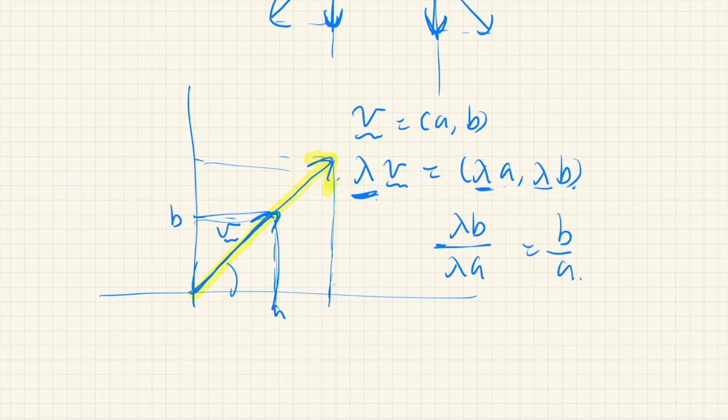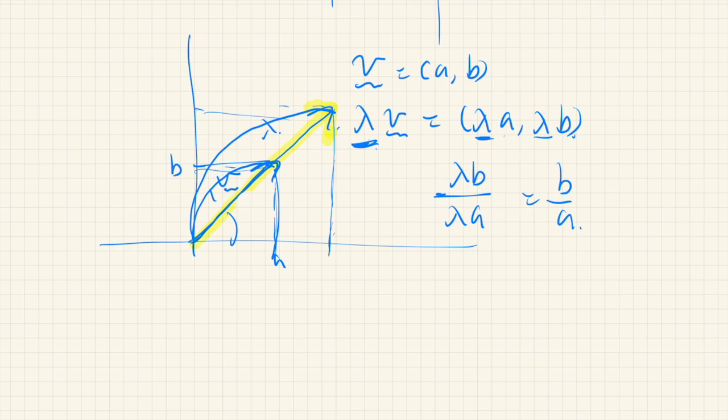So this length and this length have the ratio of 1 to lambda. And you can check that by directly calculating the length of this vector and this vector on this plane.